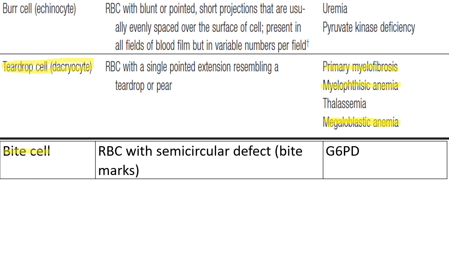Kapag kinain niya yung Heinz bodies present in RBC, and yung Heinz bodies is formed usually in oxidation caused by the deficiency of glucose 6-phosphate dehydrogenase. Balikan natin mamaya si Heinz bodies.